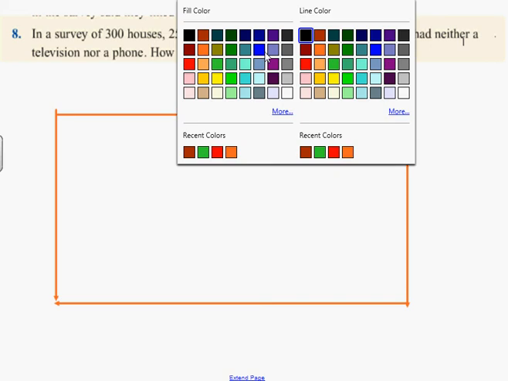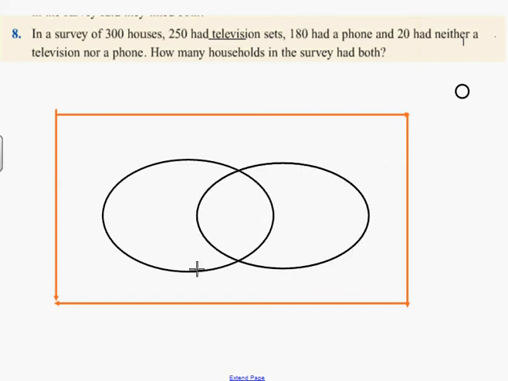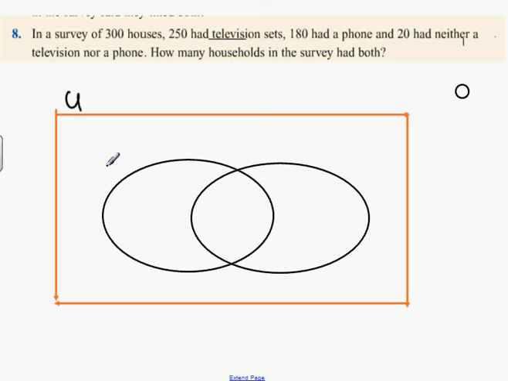There's our overlap. Now what am I going to call this? U. U is the box. T and P. How many had neither a television nor a phone? 20. So 20 on the outside.